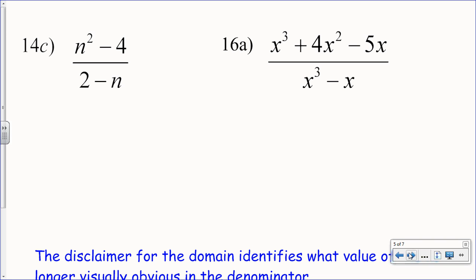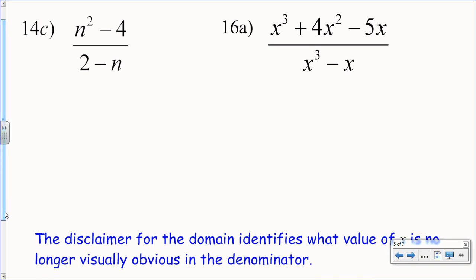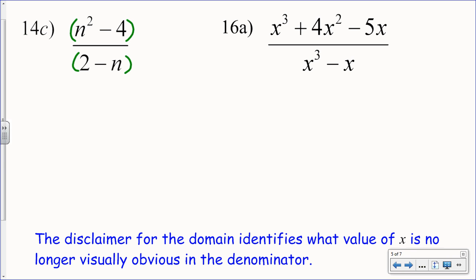Two more simplifying ones, and then we're going to look at multiplying and dividing. In the numerator, is there a common factor?